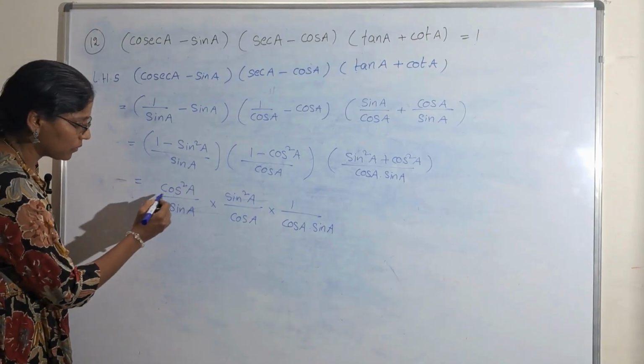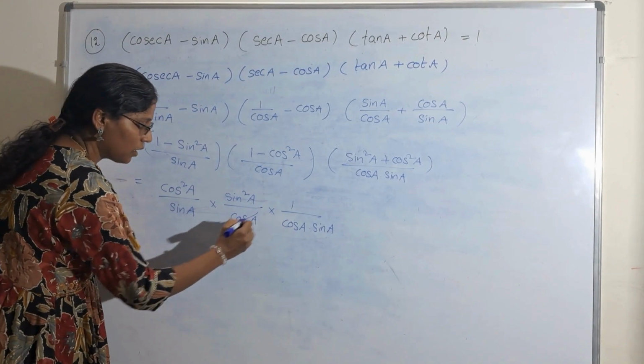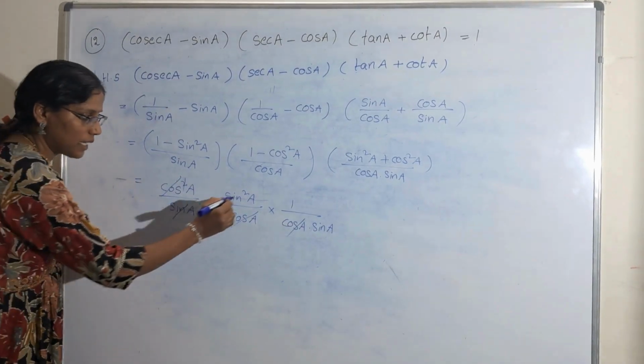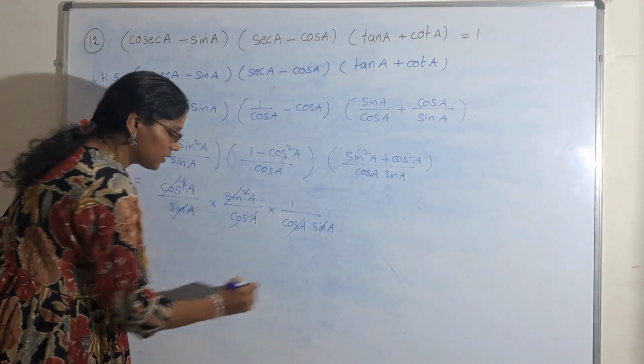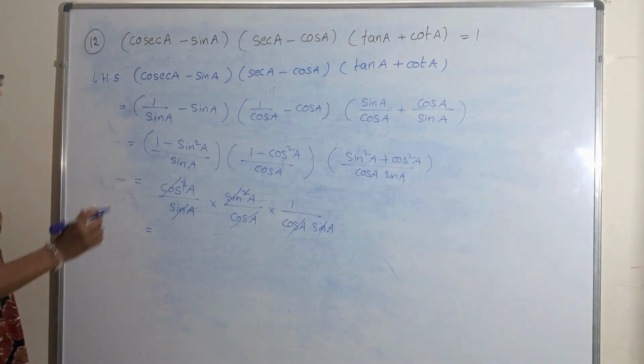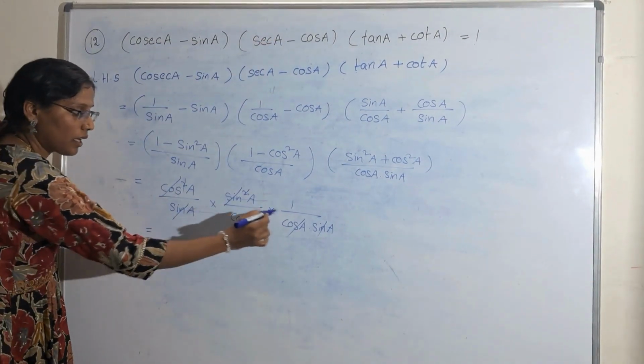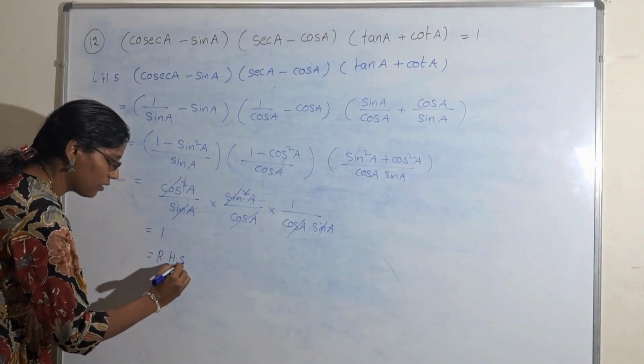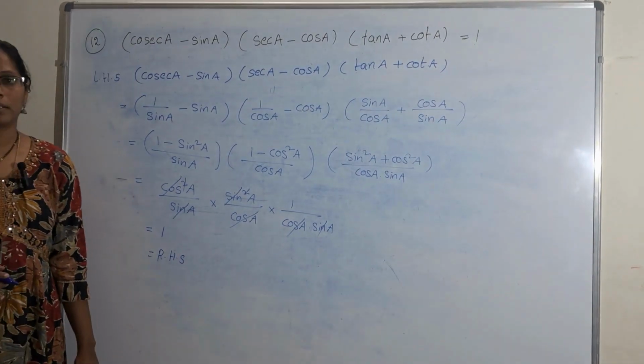Here cos into cos, 1 cos, 1 cos, 1 more cos and here cos. Here sin, 1 sin and sin we have to cancel. We have to prove 1. All cancel, so 1 will come. RHS. LHS equal to RHS.